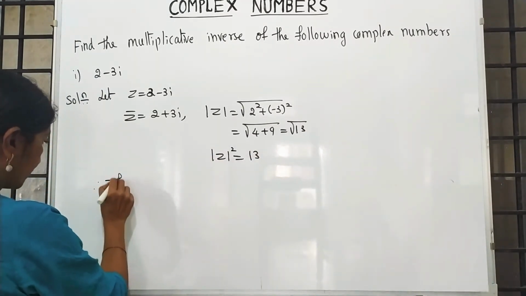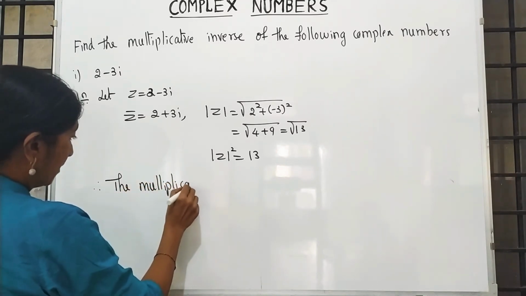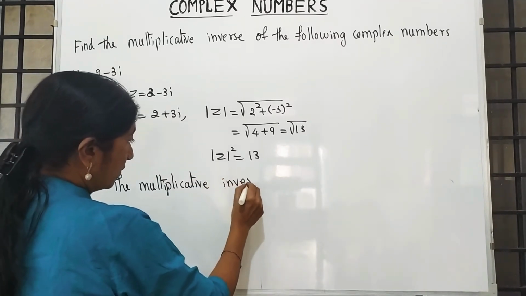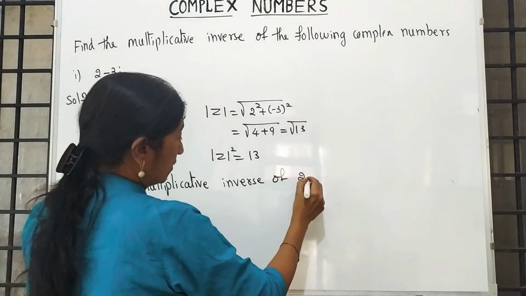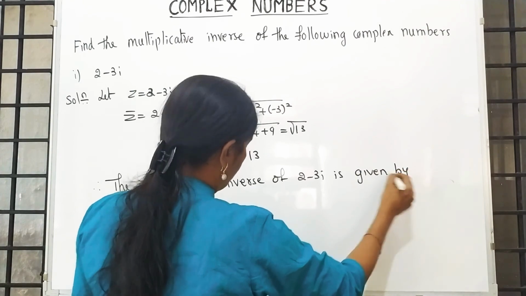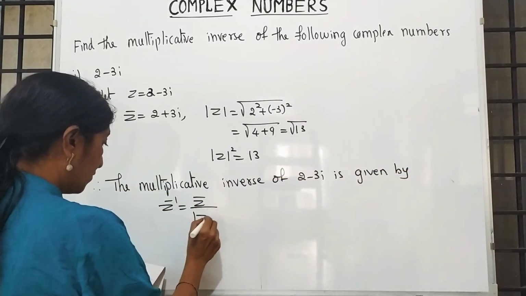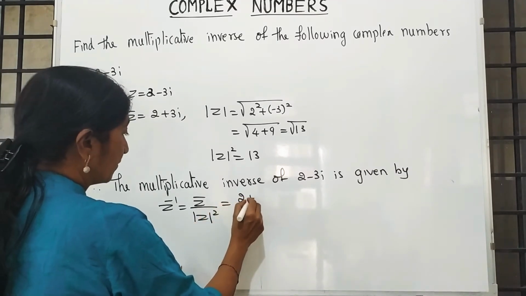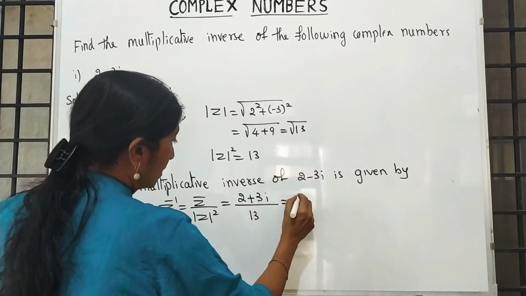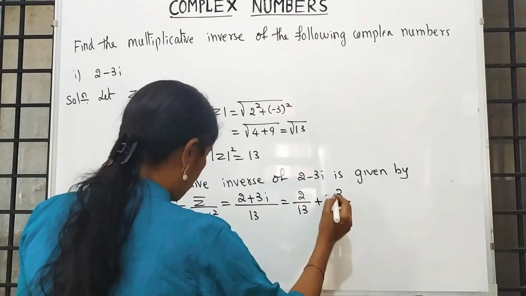Therefore, the multiplicative inverse of 2 minus 3i is given by z raised to minus 1 is z bar upon mod z square. z bar is 2 plus 3i and mod z square is 13. That is nothing but 2 by 13 plus i 3 by 13.